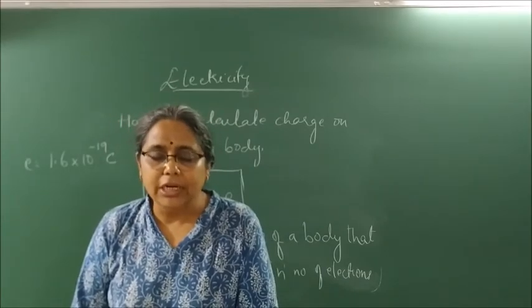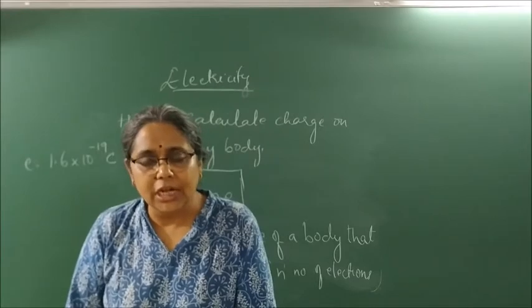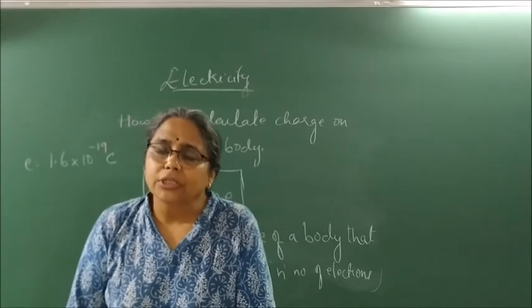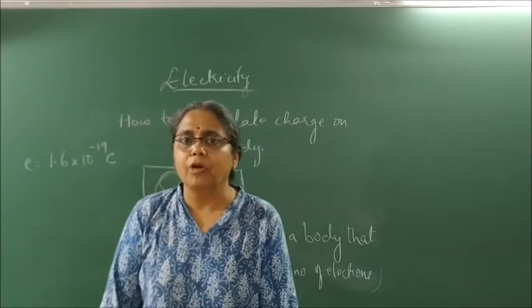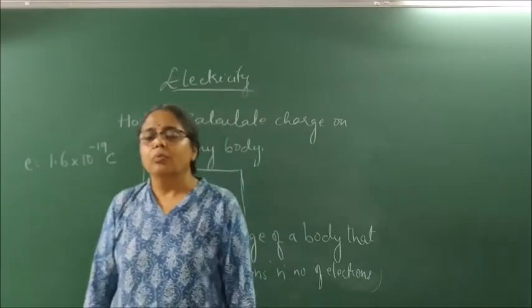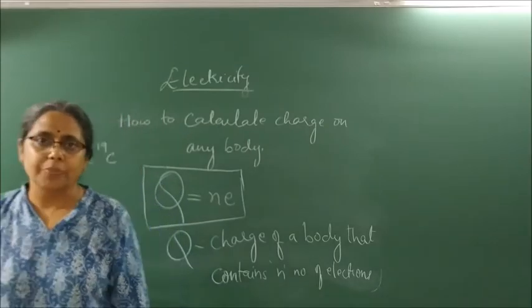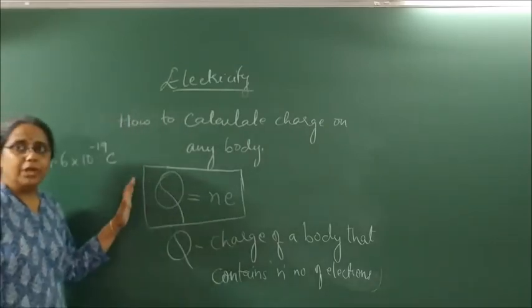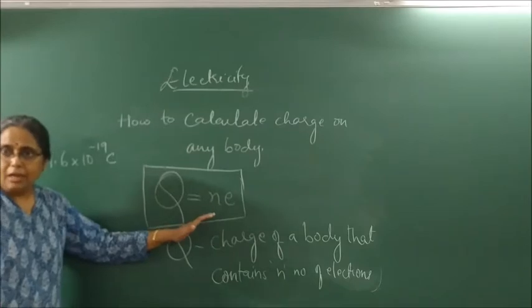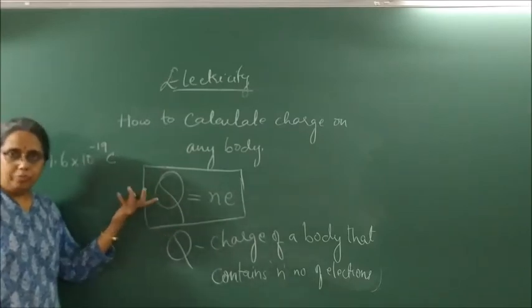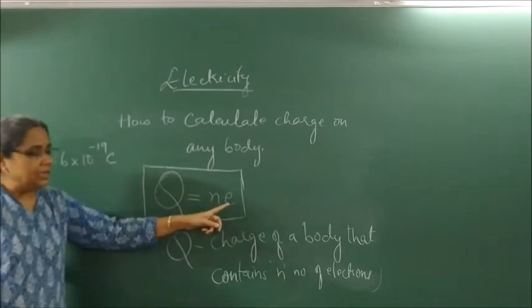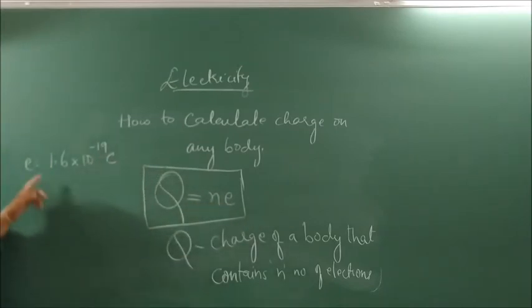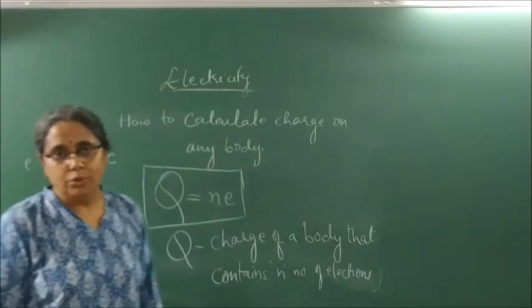We also studied that charges are additive or subtractive, charges are conserved, charges are quantized, that is capable of independent existence. To calculate the charge on a particular body, we use the formula Q is equal to Ne, where Q is the charge on the body, N is the number of electrons and E is the charge on an electron, which is 1.6 into 10 to the power of minus 19 coulombs.